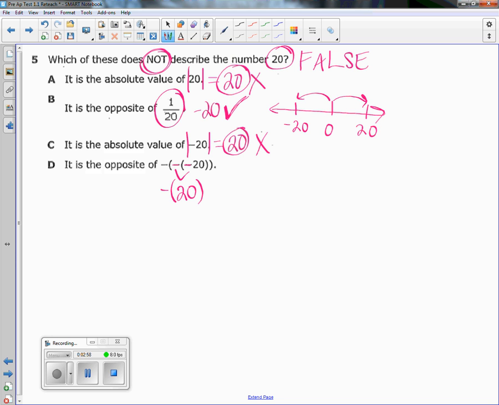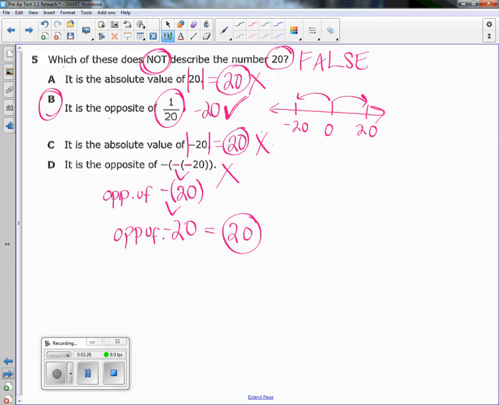I'm going to bring everything else down. So we have the opposite of -20. So this -20 is saying the opposite of 20. And then we want to know what's the opposite of that. So the opposite of -20 would give us 20. And that does describe the number 20, therefore answer choice D is not correct. And we were right to assume it was answer choice B.